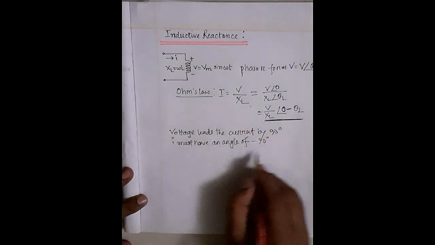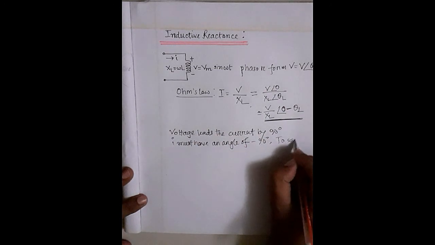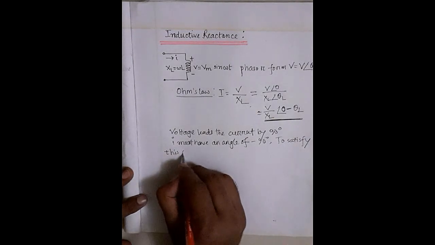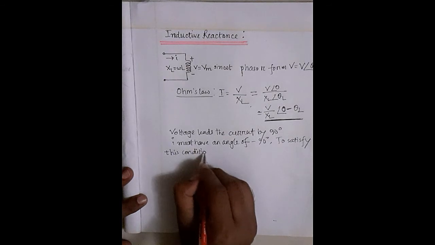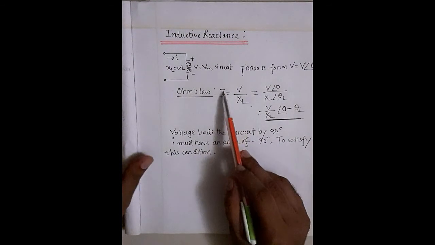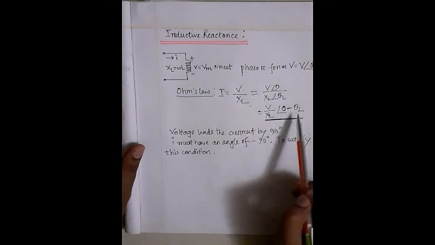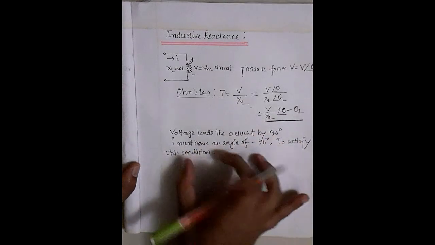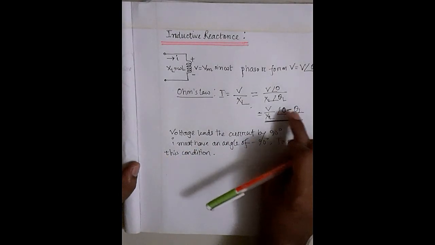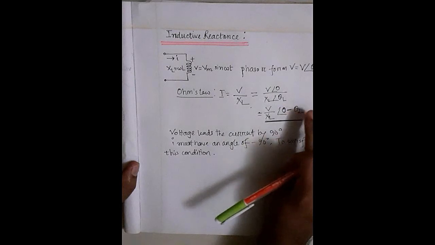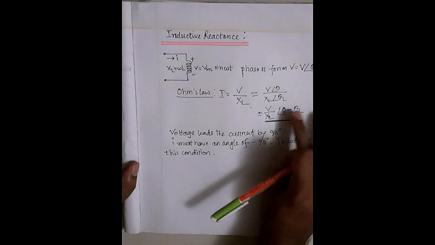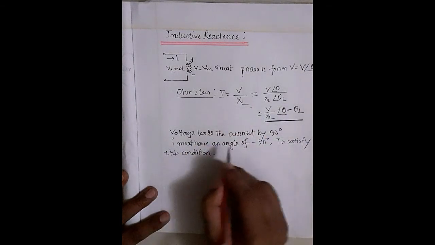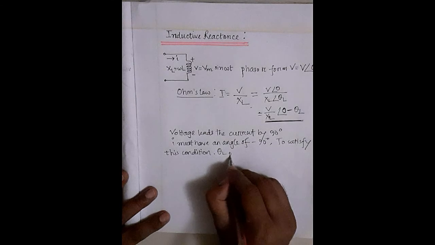So to satisfy this condition, as we have figured out the value of I here, it is 0 minus theta of L. In this case, there is a minus sign on the left side of this theta L. To satisfy this condition, the value of theta L should be positive, right?